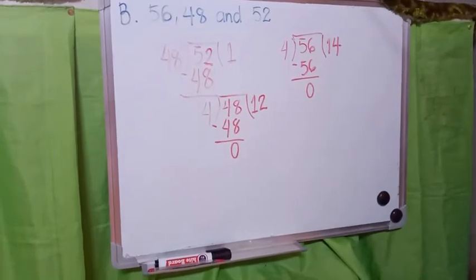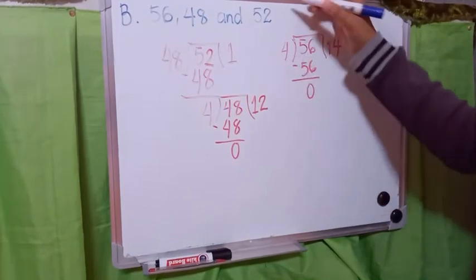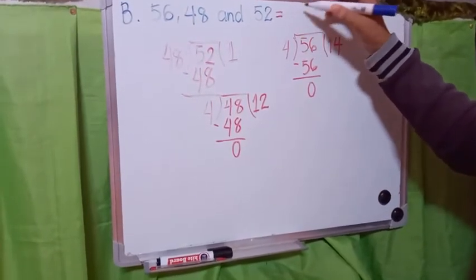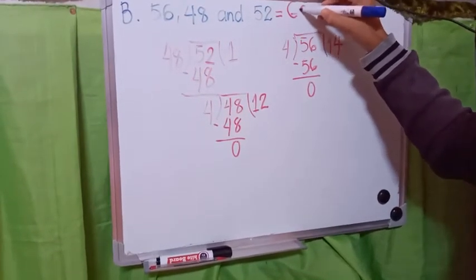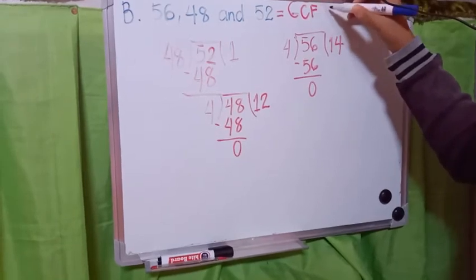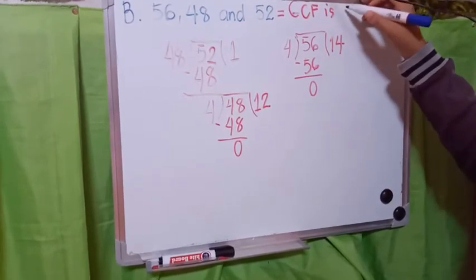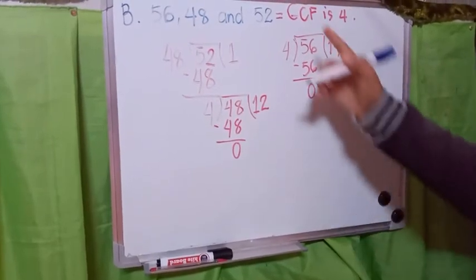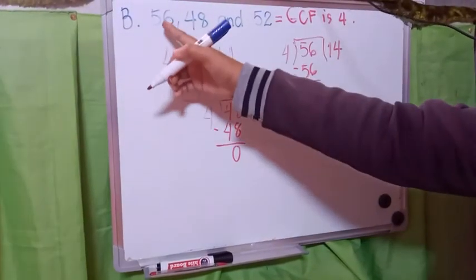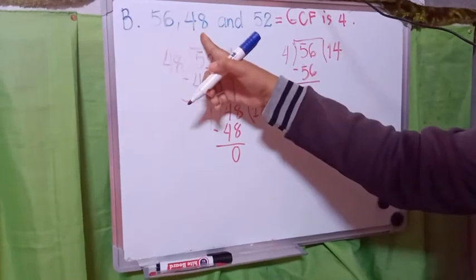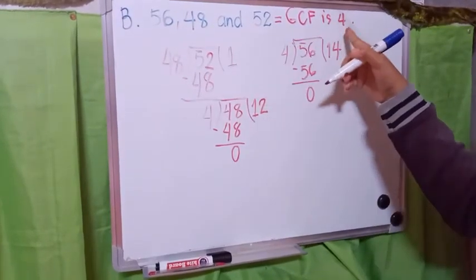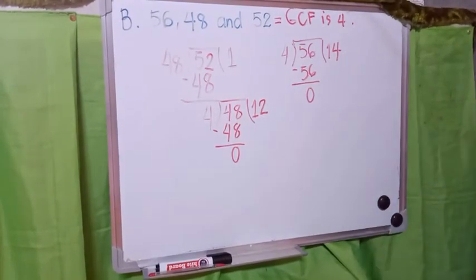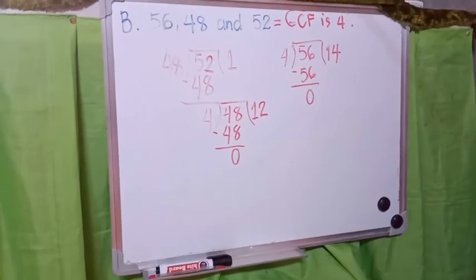So what is your last divisor? Very good, that is 4. So your greatest common factor is 4, or the greatest common factor among 56, 48, 52 is 4.